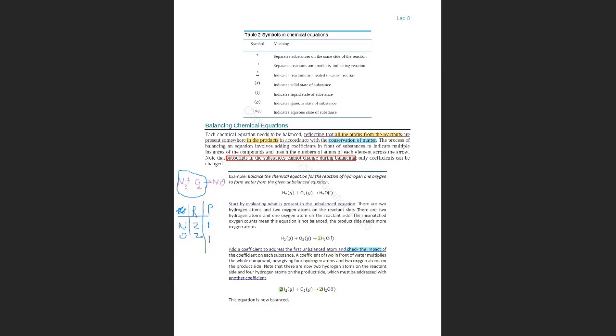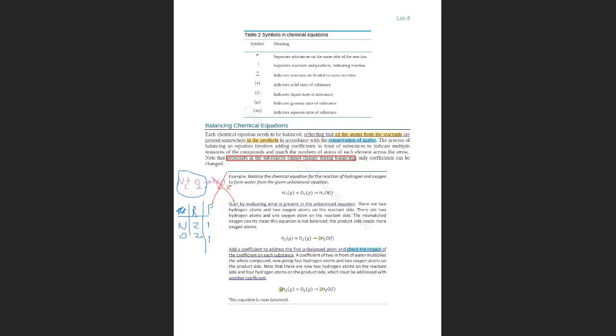So many students come and say, okay, I need 2, and they use subscripts. This is a no-no. We cannot change the formula of any of the substances.